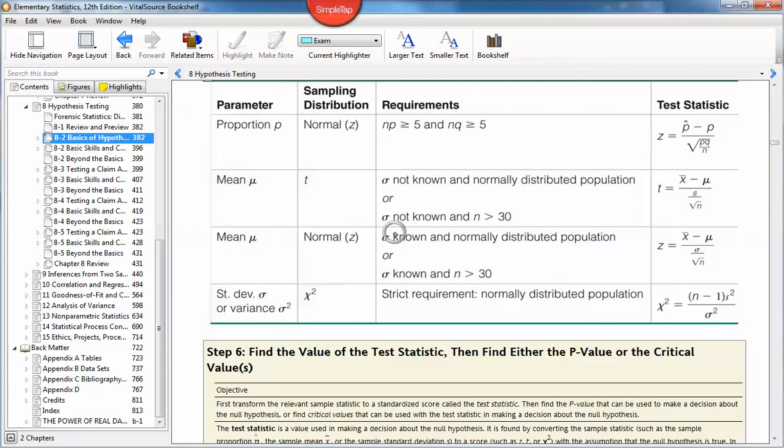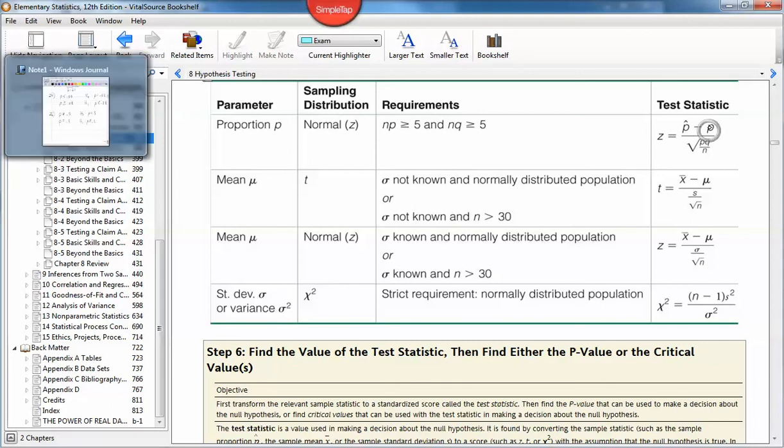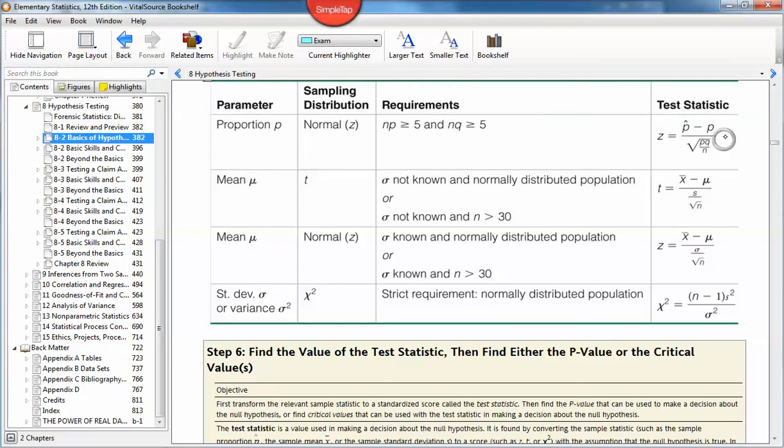If we do know the population standard deviation, then we use this Z. And then the last section in Chapter 7, that's where we went over the chi-square distribution, and we use that when we're talking about standard deviation or variance. Okay. So for our test statistic, since we're dealing with proportions, we want to use this formula here.